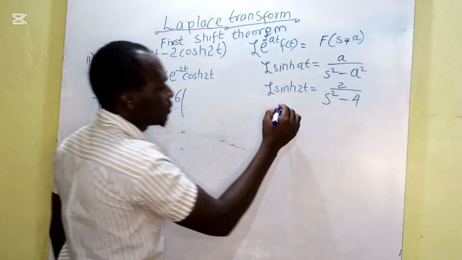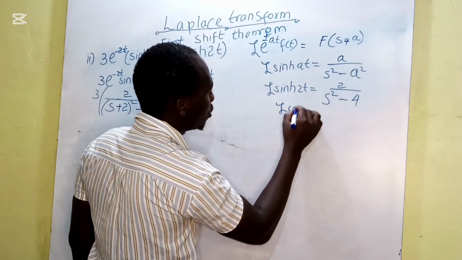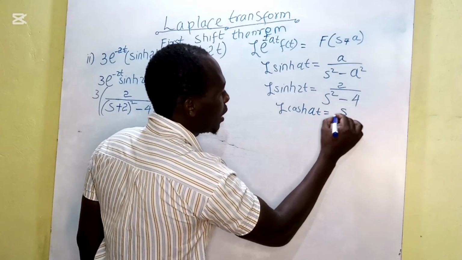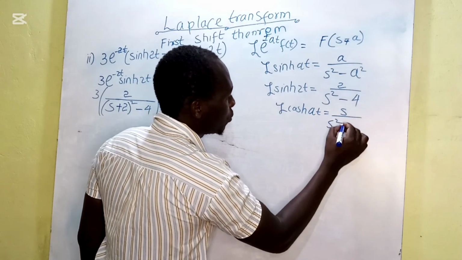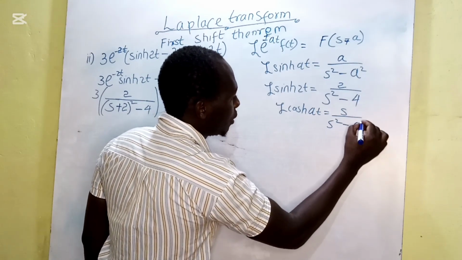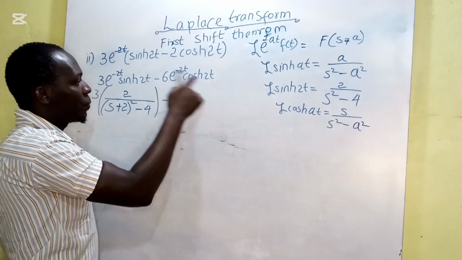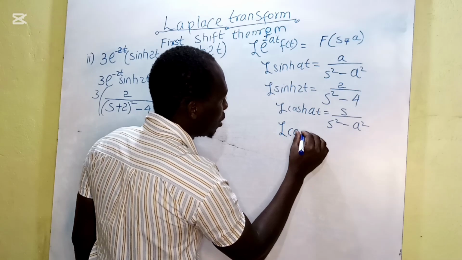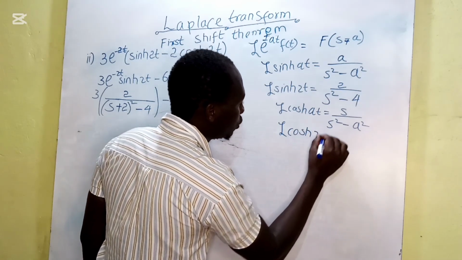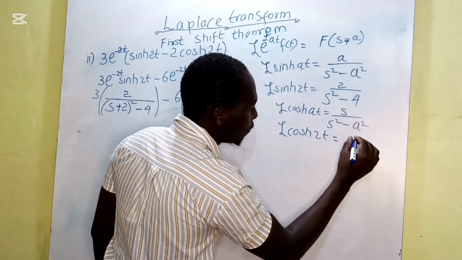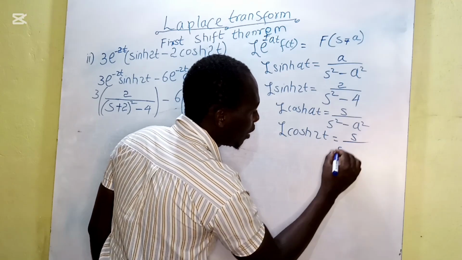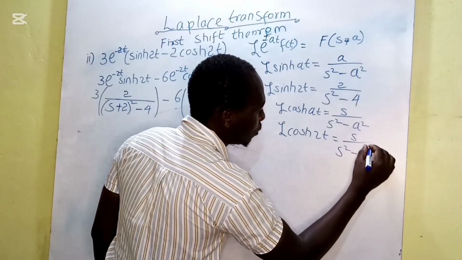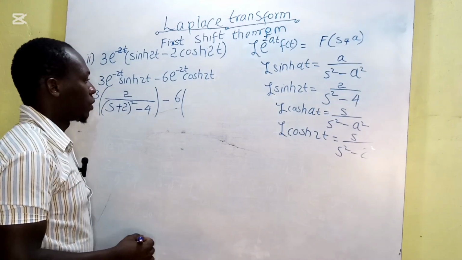The Laplace transform of cos hyperbolic at is equal to s all over s squared subtract a squared, to mean that when we are having the Laplace transform of cos hyperbolic 2t, we are going to have s all over s squared subtract 2 squared, which is equal to 4.